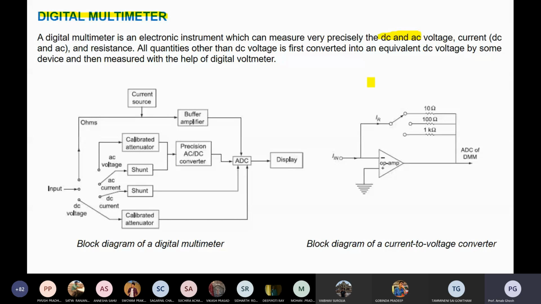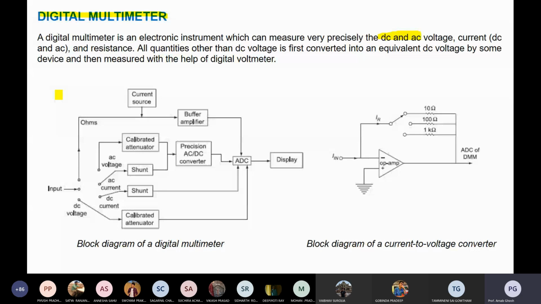We also do other tests using a digital multimeter, like the continuity test. By this continuity test we can understand whether there is any short circuit path or not. Different applications and features are there, and we can go for measurement by using a digital multimeter or any digital meters.